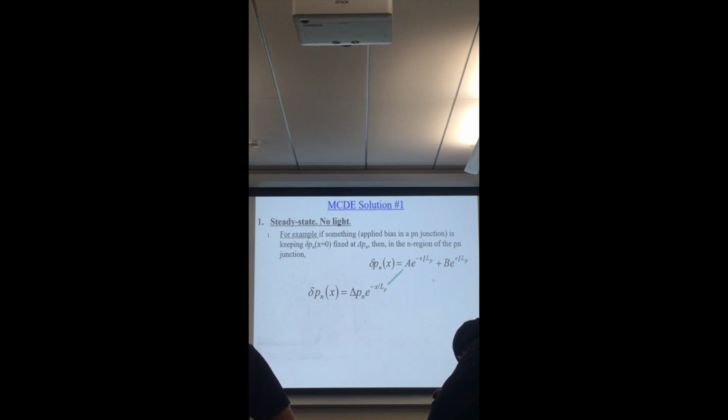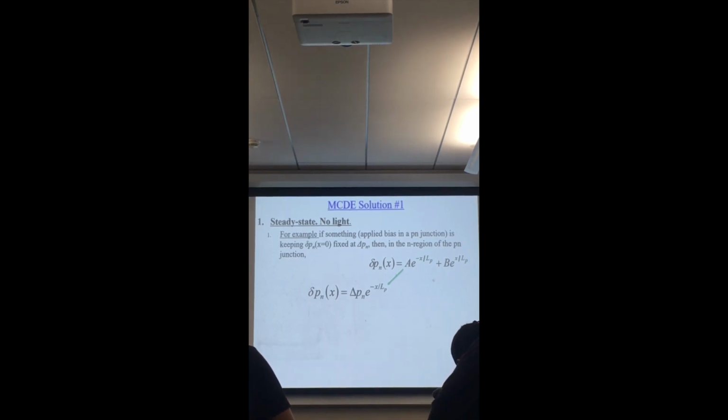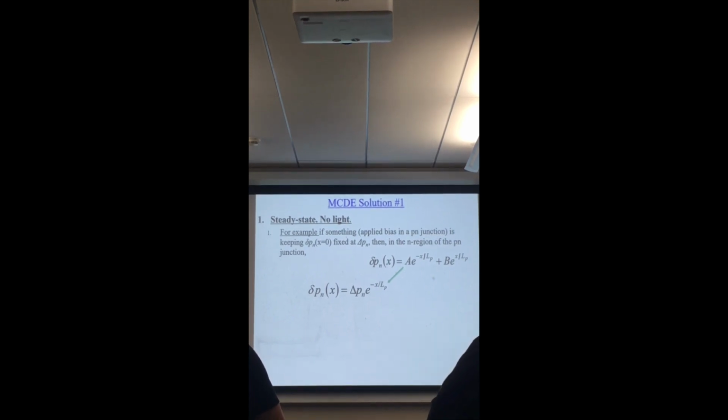If we plot this excess carrier, delta p sub n, as a function of x, we have some initial value, and eventually it goes to 0.